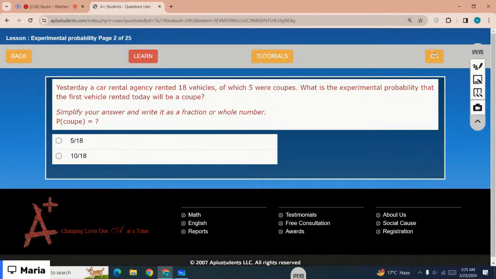The correct option is 5 out of 18, right? Option number 1 is the correct option, that is 5 out of 18.